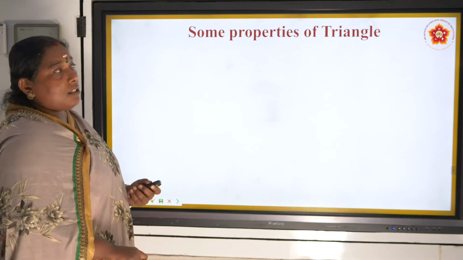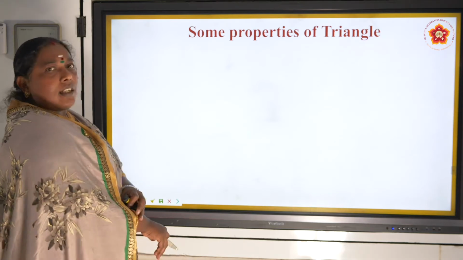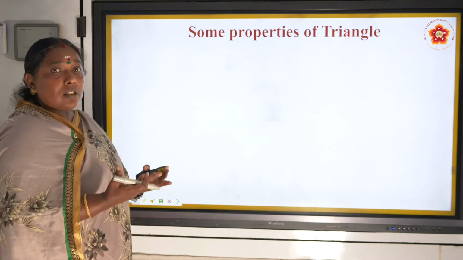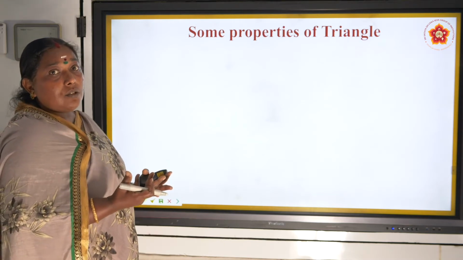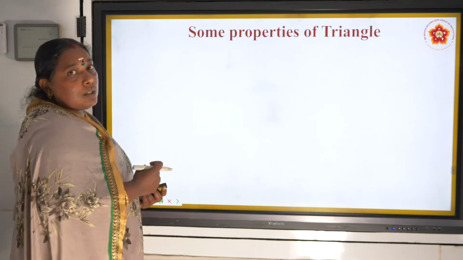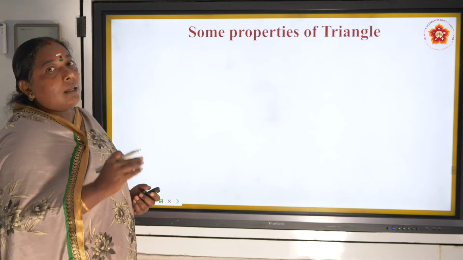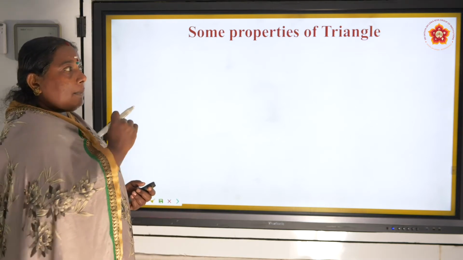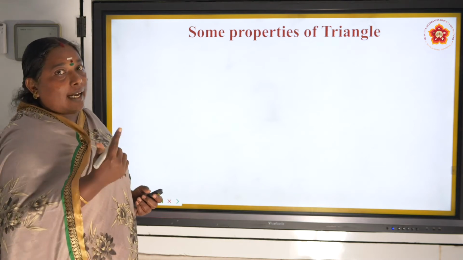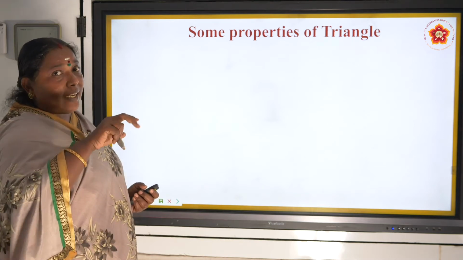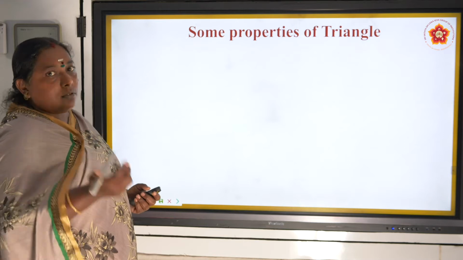Some properties of triangles. Which triangle are we going to see? This time we are going to see the isosceles triangle particularly. In the previous session I told you that an isosceles triangle means two sides equal and one side not equal.